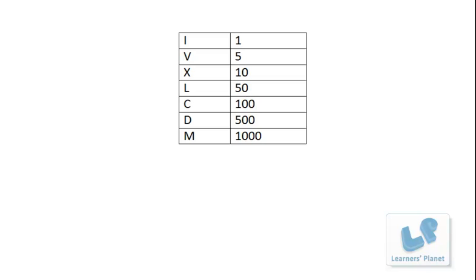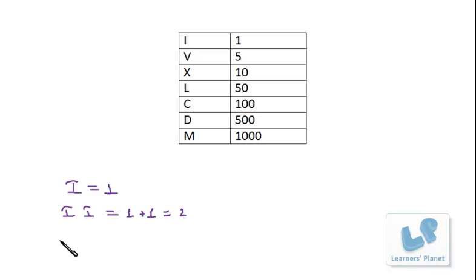Kids, first of all, let's learn to write the numbers from 1 to 10. Now, 1 is I. If I wish to write 2, then I I, that is 1 plus 1, that is 2.